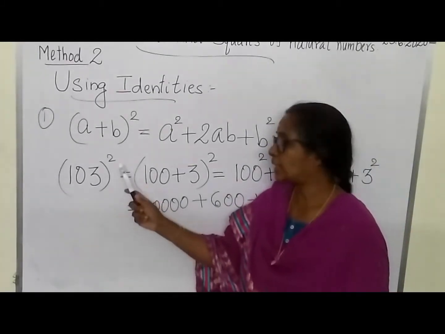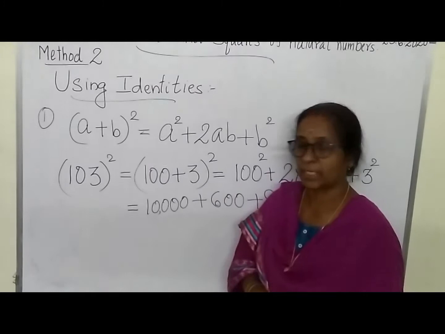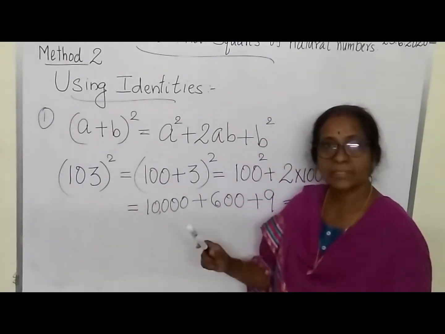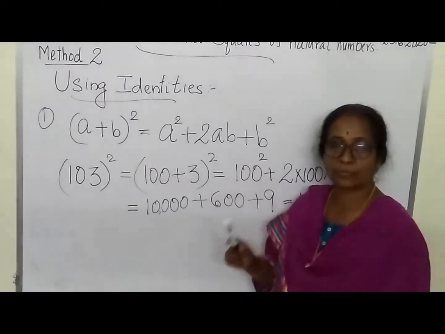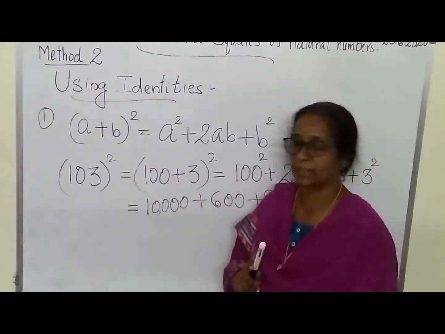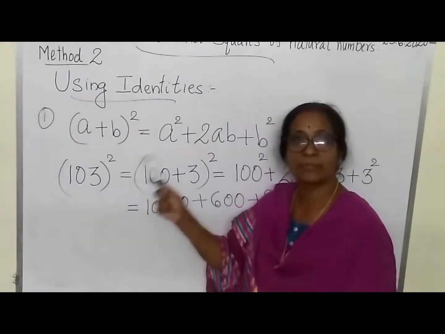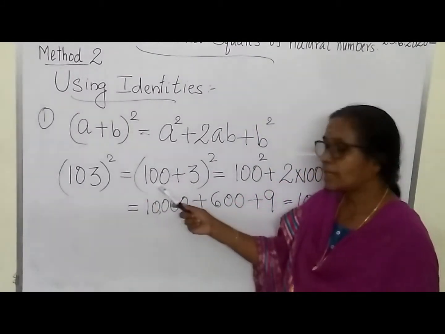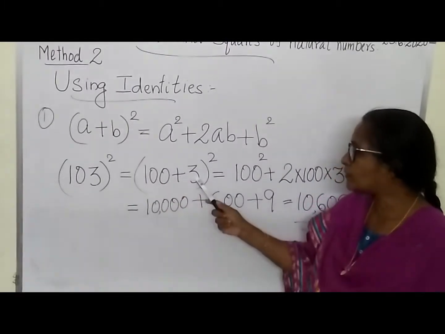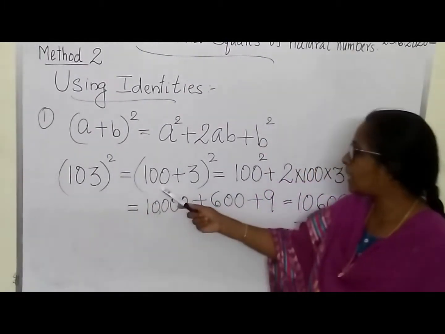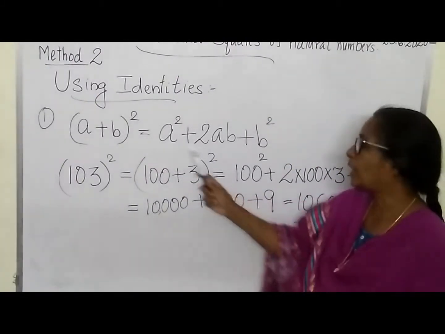Now let us see one more example. 103 whole square, that is the square of 103. What we have to do? First write 103 as the sum of a zero ending number and a one digit number. So which number is ending with 0? Nearer to this number, which number ends with 0? 100. So 100 plus 3 is 103. So write 103 as 100 plus 3, then square.